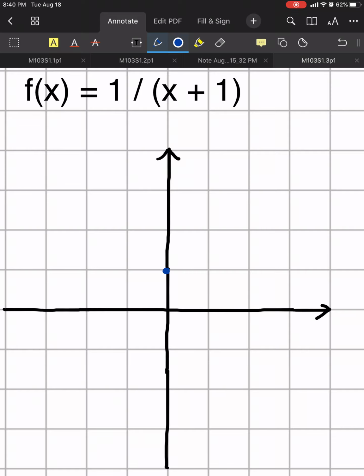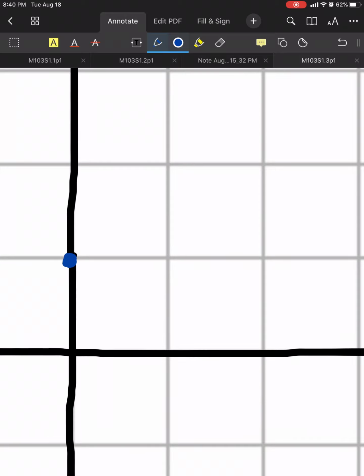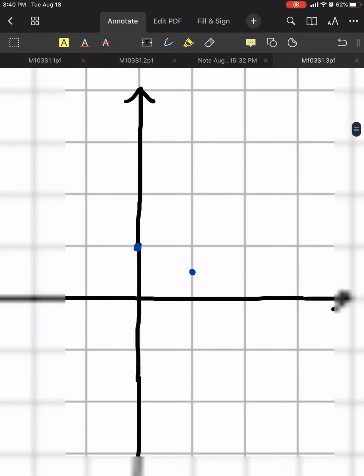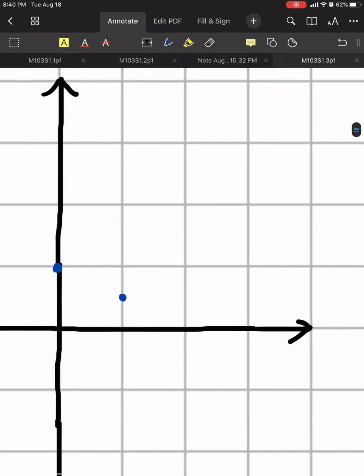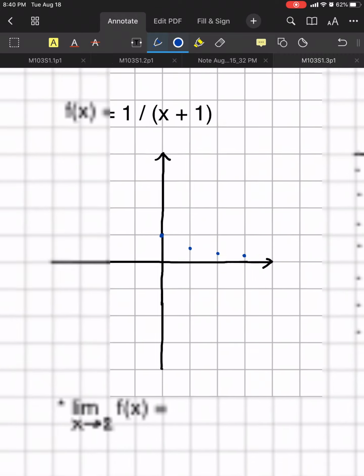If I plug in 1 for x, I get a half for f of x, which is that point right there. If I plug in 2, I get a third, which is right about here. If I plug in 3, I get a fourth, which is right about here. So we get points going like that.